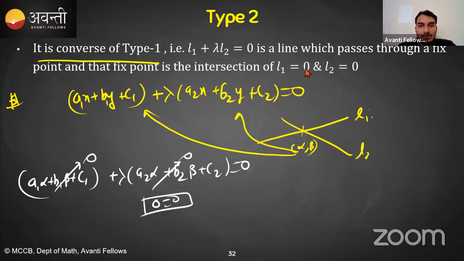So L1 plus lambda times L2 equal to 0 means there is just a line which is always passing through the point of intersection of L1 equal to 0 and L2 equal to 0. That's it. Clear? Okay, so let's see one or two questions on this.